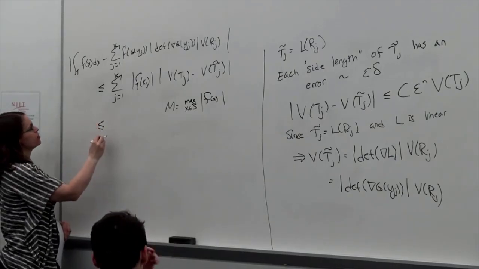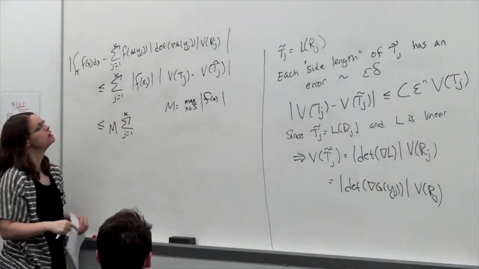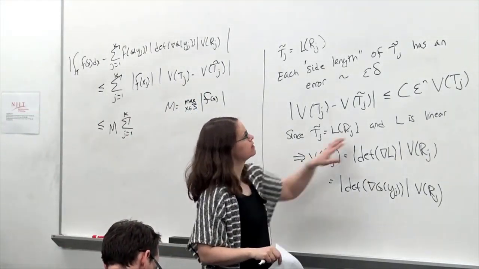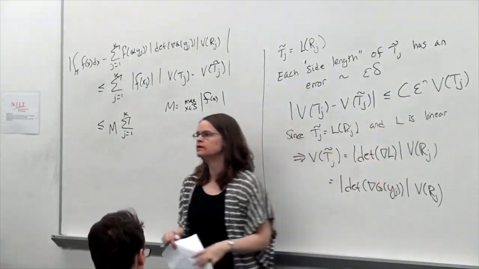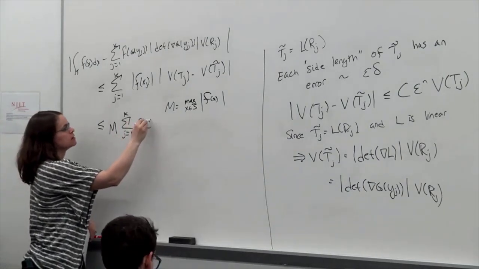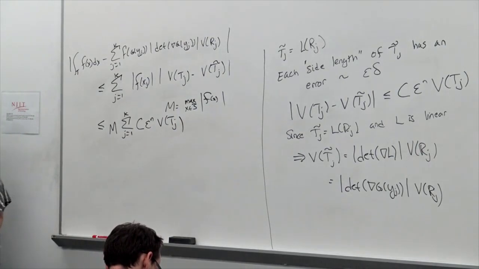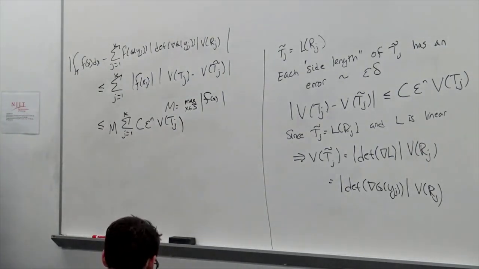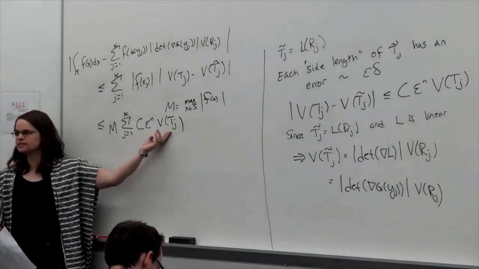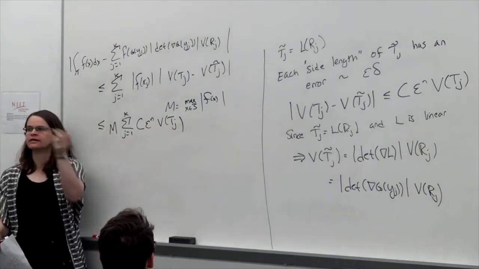So what is all of this less than or equal to? It's less than or equal to M times the sum of this error in our volume, which was some constant times epsilon n times the volume of these little tj's. And what happens when I sum up the volume of these little tj's?